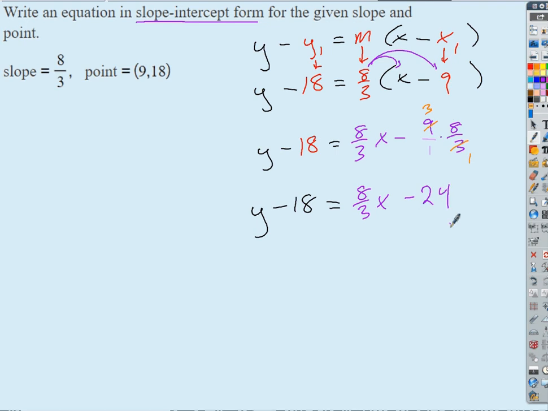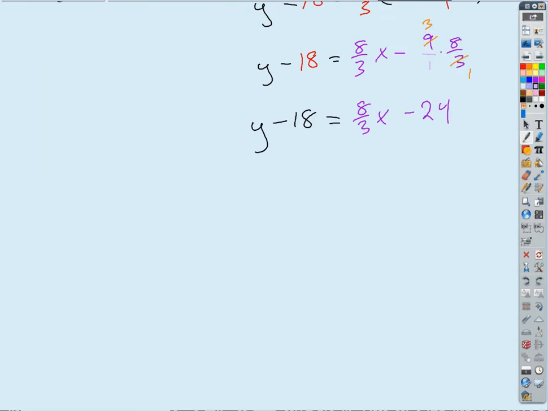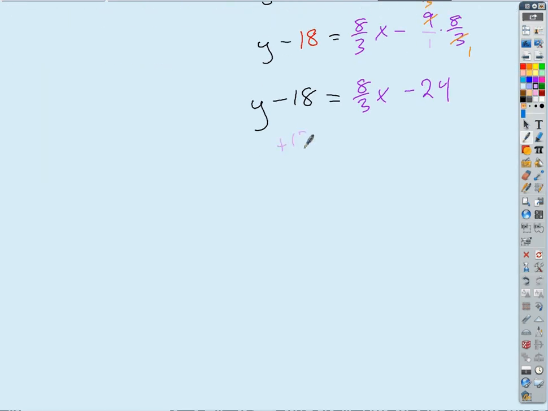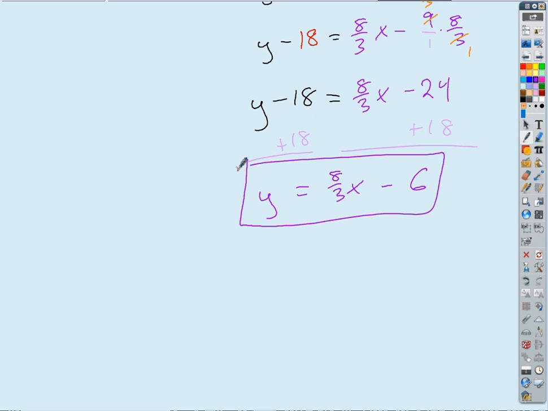Last step, add 18. And then we end up with y equals 8/3 x, and then those are like terms. Negative 24 plus 18 is 6, and that's it. Right, there's our answer in slope-intercept form. Okay, good.